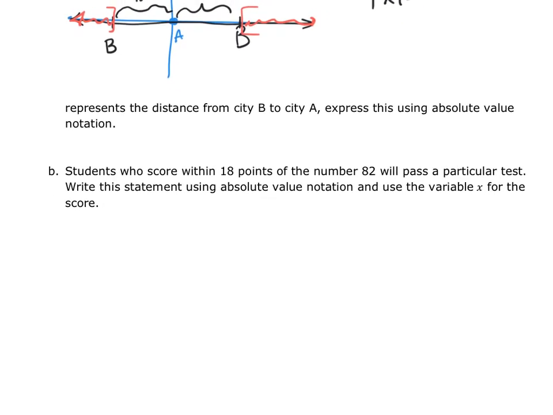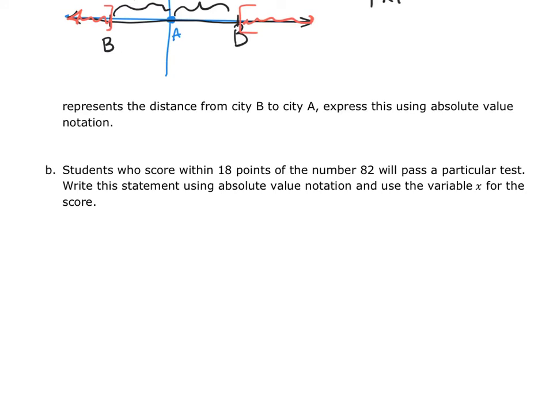Let's take a look at this one. A student who scores within 18 points of the number 82 will pass a particular test. Write this statement using absolute value notation and use a variable x for the score. So the student needs to score within 18 points of 82 to pass. So x is the person's grade.